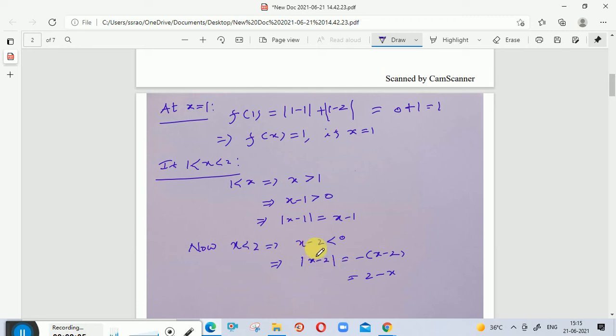Here x minus 2 is less than 0, so that we have mod of x minus 2 is equal to minus of x minus 2, that is equal to 2 minus x.